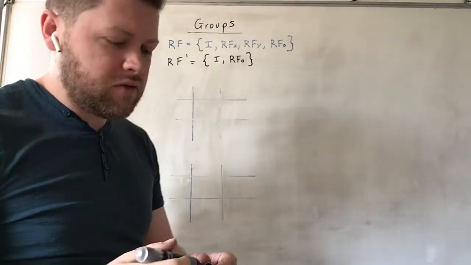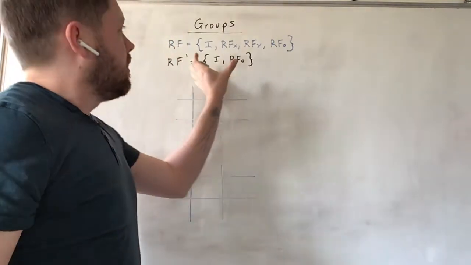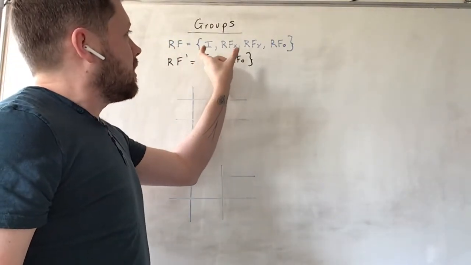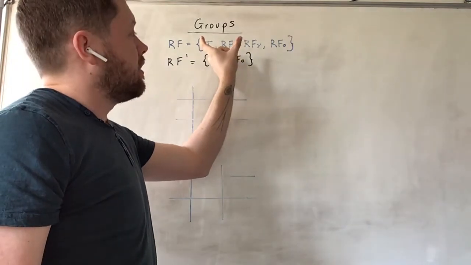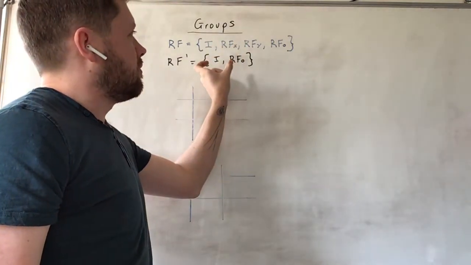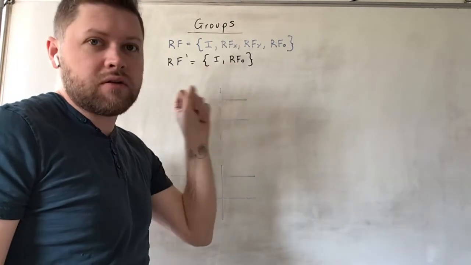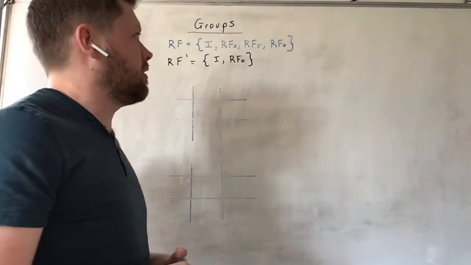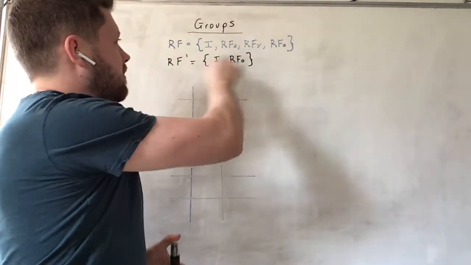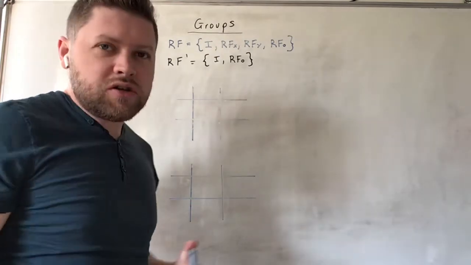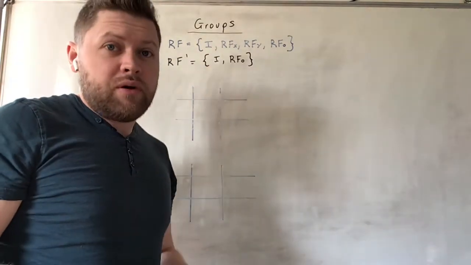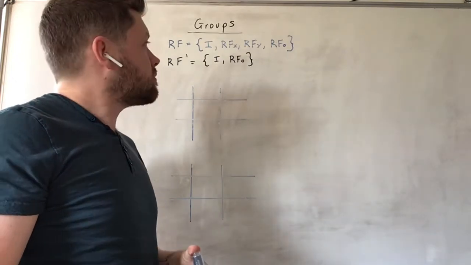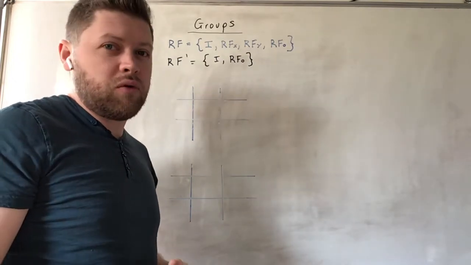A subset is just taking a couple of elements from the main set, but not all of them. It's fairly obvious what the concept means. This is the set, this is the subset. The question now is, does this subset form a group?